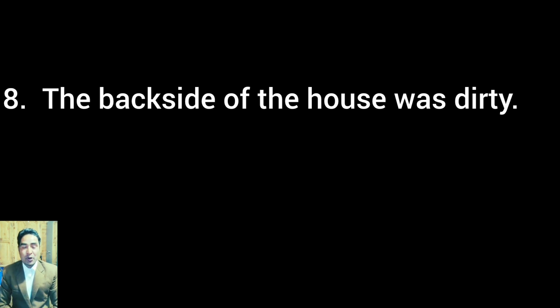But guys, point to be noted, in American English, backside is written for the back part of something. That is written separately, back space side, not backside together. But in British English, backside means hips, buttocks of a human.